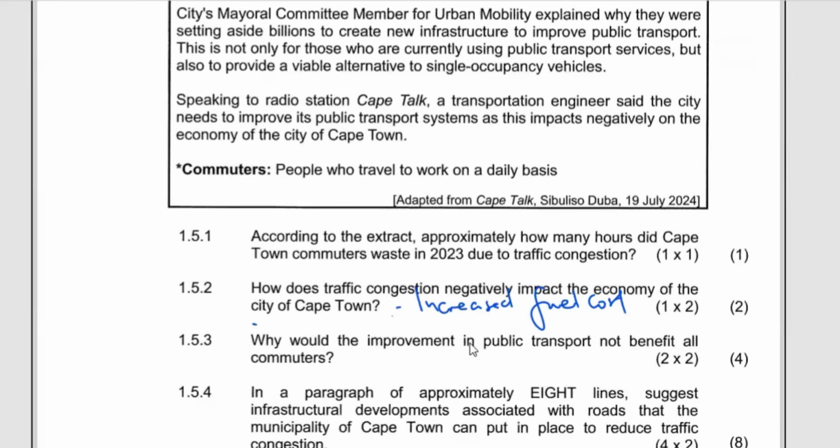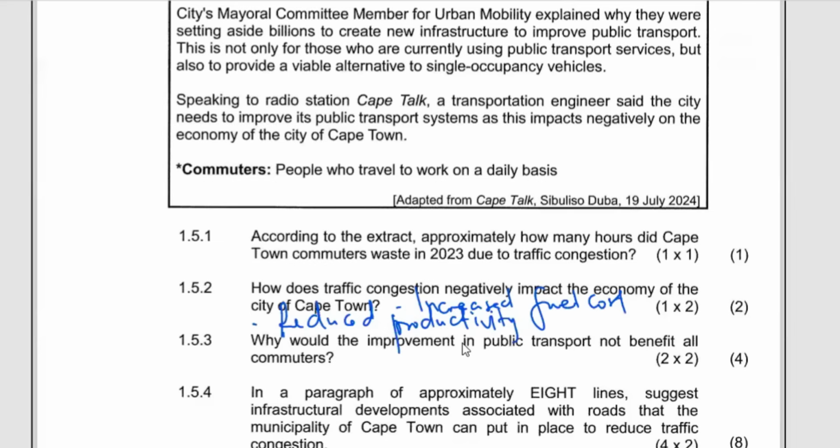People are now paying more for fuel because of traffic congestion. Then also it can cause reduced productivity. A worker has to spend a lot of time on the road because of traffic congestion. By the time they reach their workplace, they are already tired because they've overspent time traveling.